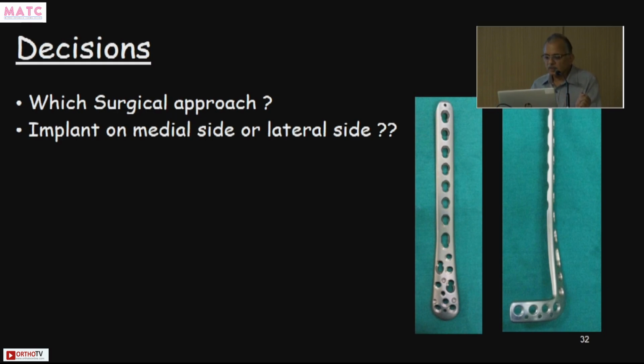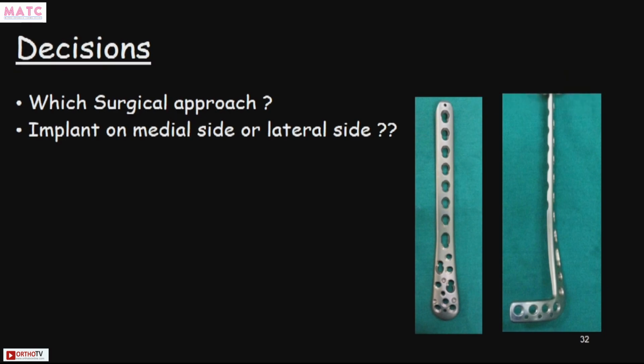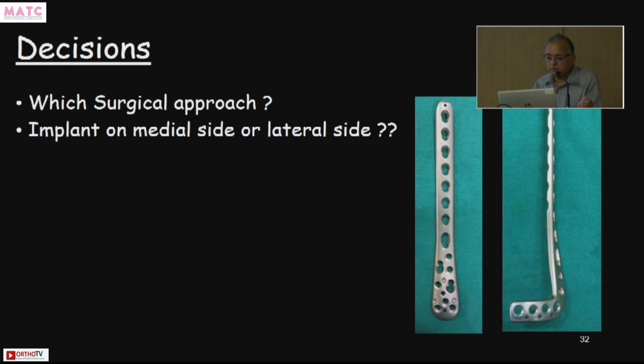So now the difference is, when you are using the first plate, the medial plate, your compression or the buttressing will be in a sagittal plane, that is from medial to lateral. And whenever you are using the second plate, your compression of the articular segment will be in an anteroposterior direction, that is in a coronal plane. So depending on your X-rays, depending on your CT scan, you decide.